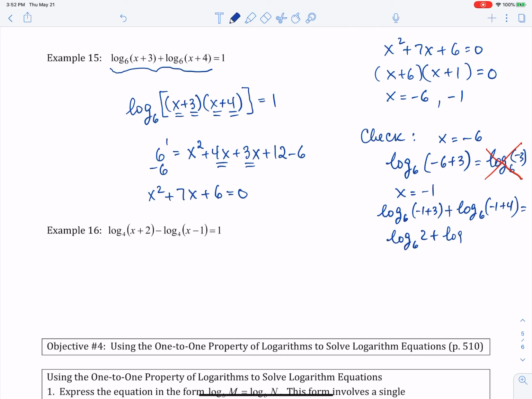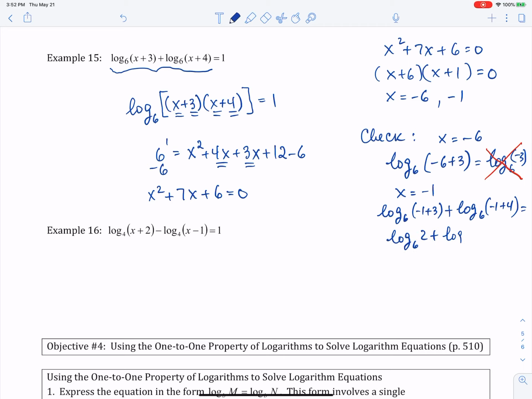We can combine those as logarithm base 6 of 2 times 3, which indeed is equal to 1. So we end up having one solution, x is equal to negative 1, and x is equal to negative 6 is going to be an extraneous solution. It is a solution to the quadratic equation, but is not a solution to the logarithmic equation.